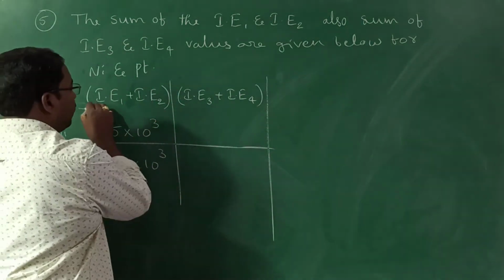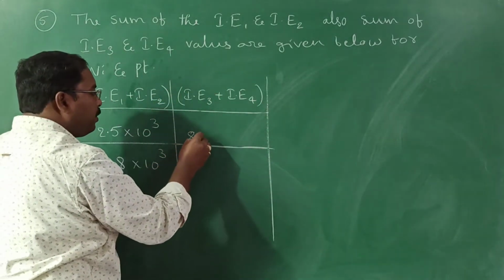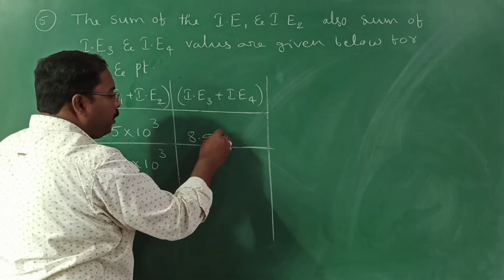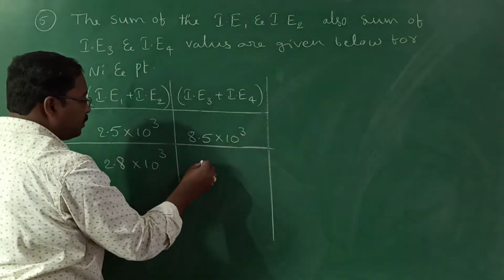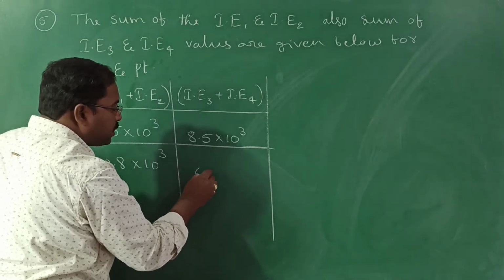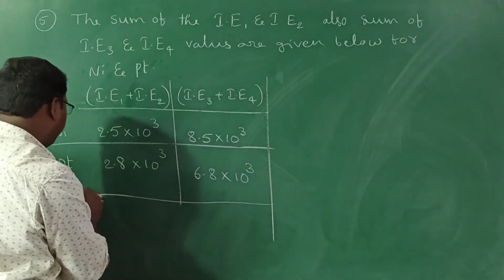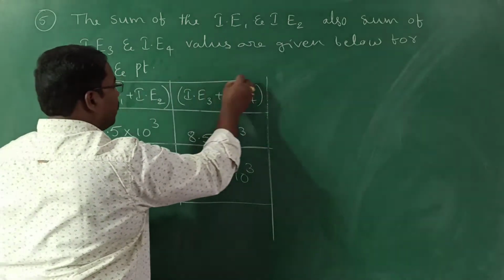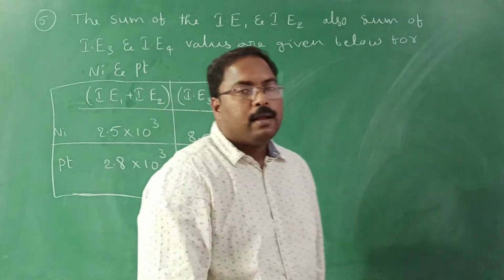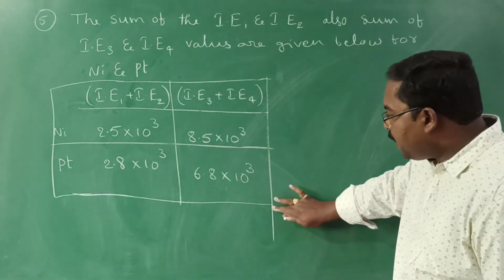Now for nickel, the sum of the first and second ionization values is given as 8.5 into 10 to the power 3 and 6.8 into 10 to the power 3. So this is the list of the values they gave.